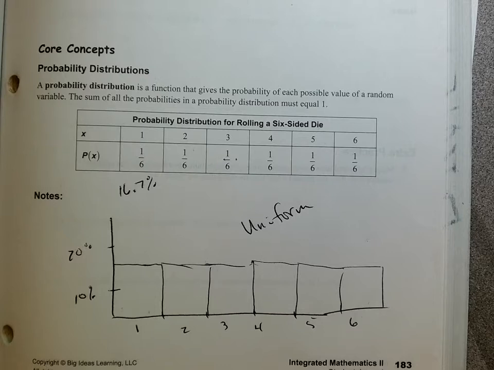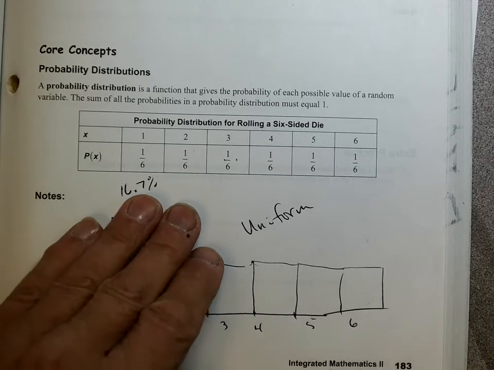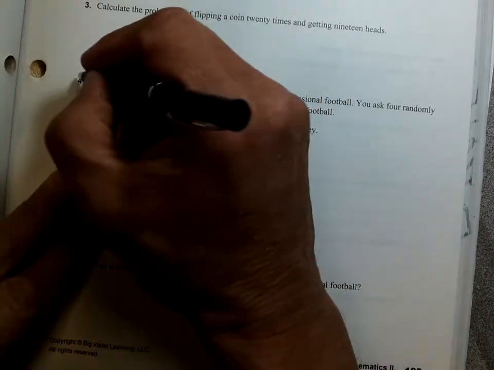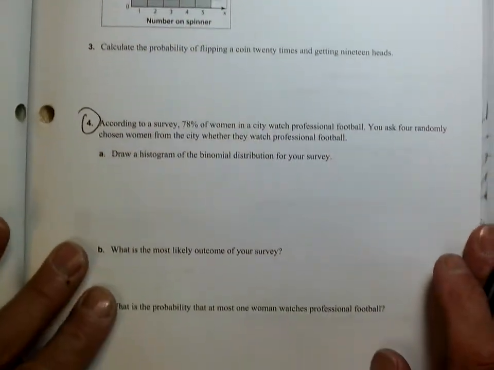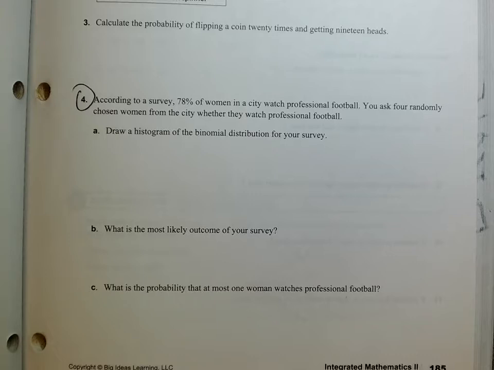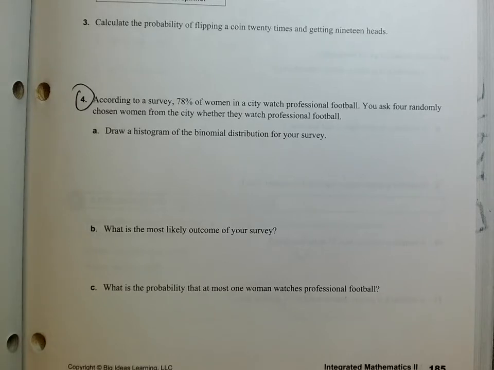Now, if we turn the page, I want you to take a look at problem number 4. Okay? Let's go straight to number 4 on page 185. So, problem number 4, it says, according to surveys, 78% of women in a city watch professional football. You asked 4 randomly chosen women from the city whether they watch professional football.